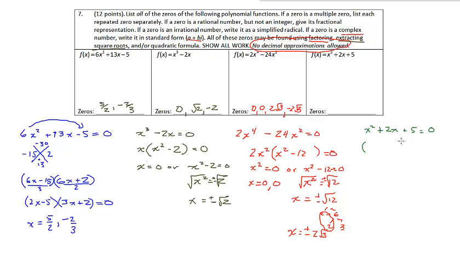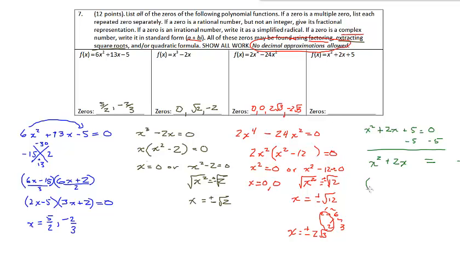So I'm going to back up here a little bit. I'm going to subtract 5 from both sides, and I'll have x squared plus 2x is equal to negative 5.